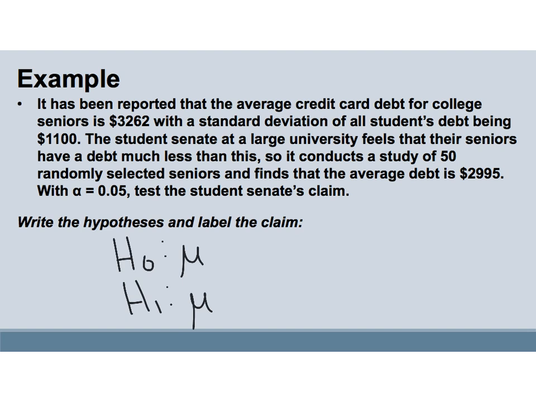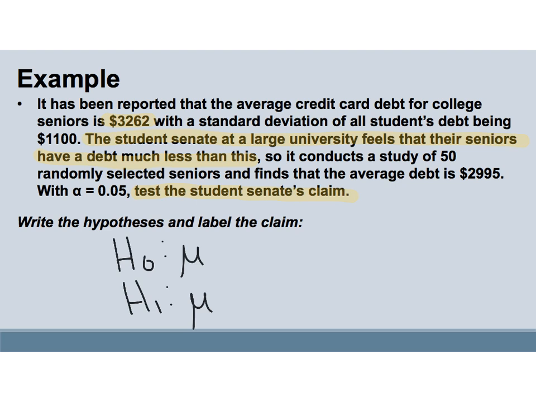It says, test the Student Senate's claim. Well, what was the Student Senate's claim? The Student Senate feels that their seniors have a debt much less than this. Much less than what? Well, it was that $3,262. So the Student Senate thinks that their seniors have debt less than $3,262.